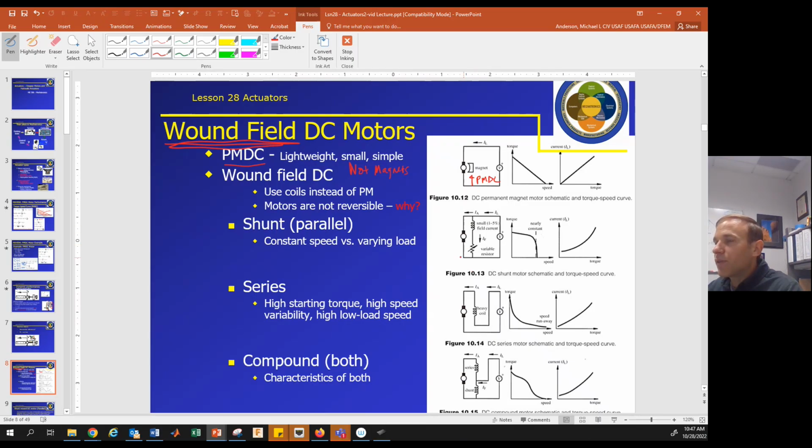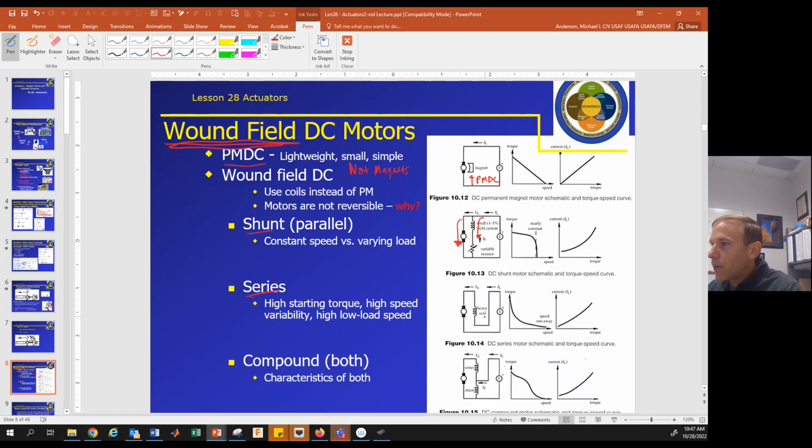And this can be done in a couple different ways. The most common are shunt and series wound. So this is a shunt wound. This is basically parallel. The current is flowing through the motor rotor like that, and is flowing through the wound field in a parallel direction.